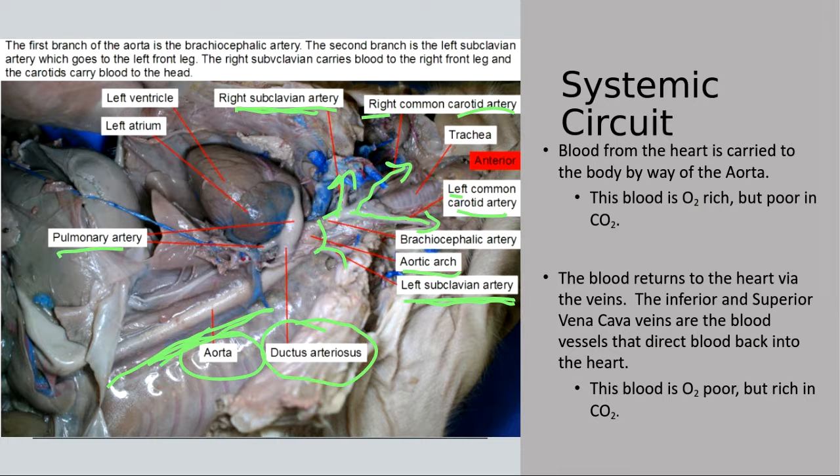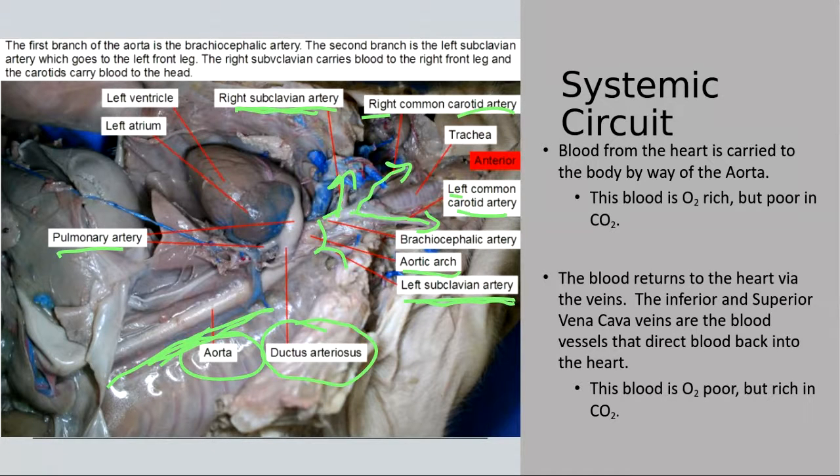The aorta connects directly to the umbilical cord, right? So remember, the lungs of the fetal pig are not providing oxygen to the fetus, because the fetus is surrounded by amniotic fluid.